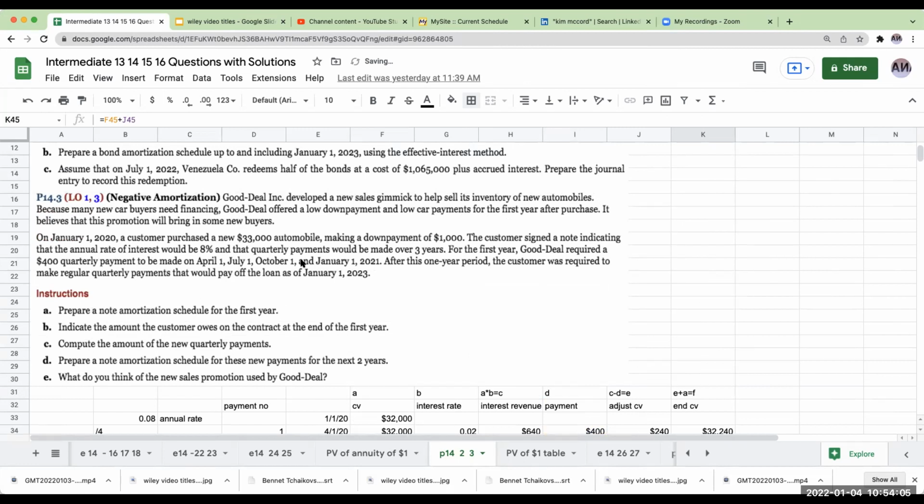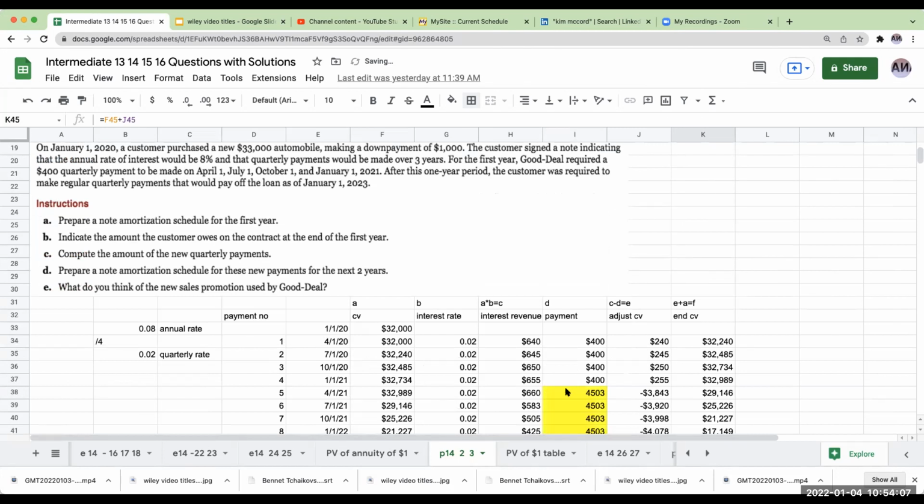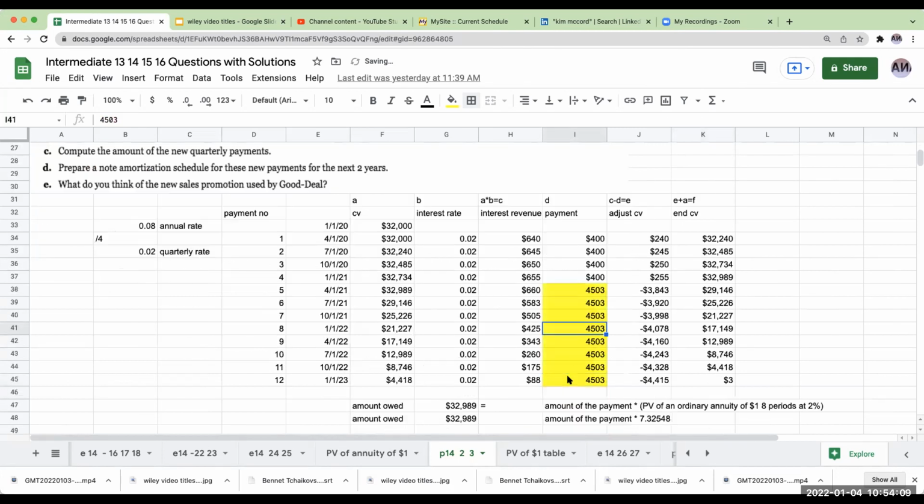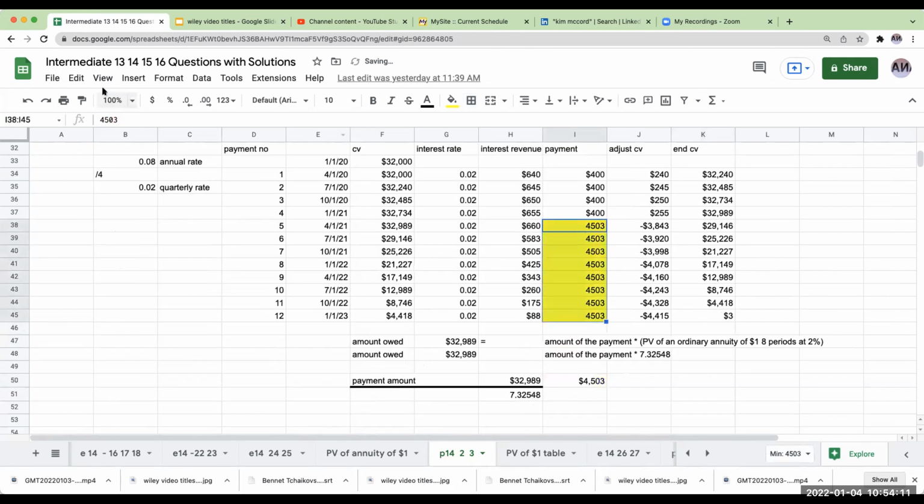disclosing to the customer that you're going from $400 to $4,500, and that's like a mortgage, right? This is a pretty high dollar amount for a car purchase. So to me, it sounds like kind of a bait and switch. It's almost like you're just renting the car, and then this is what's happening if you actually want to go through and own it.